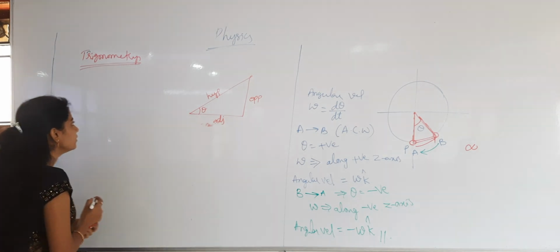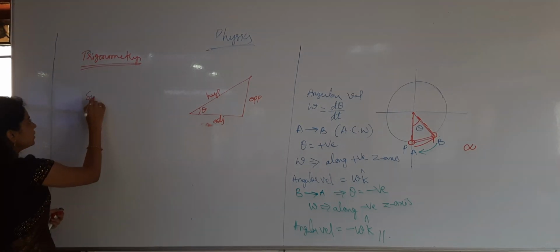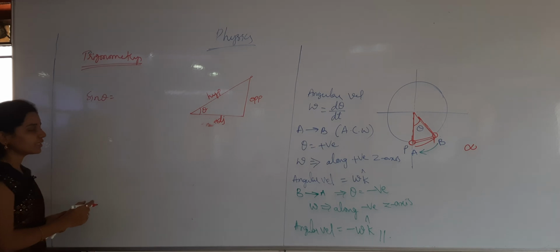So, here you clearly know that sin theta is equal to opposite by hypotenuse, cos theta is equal to adjacent by hypotenuse, and then tan theta is equal to opposite by adjacent.